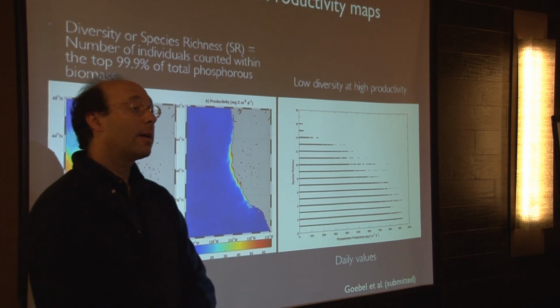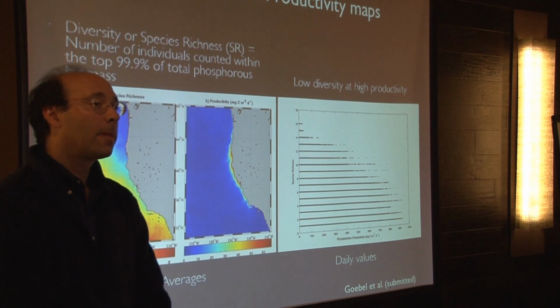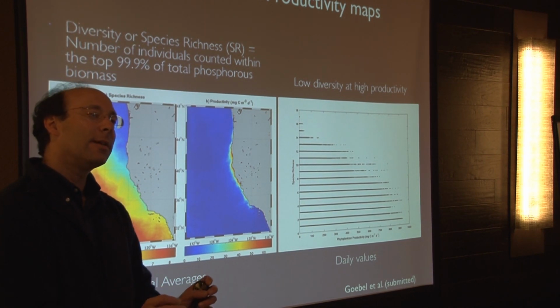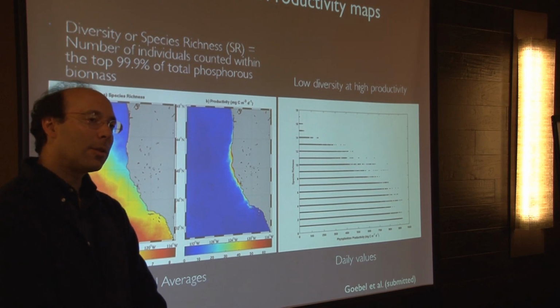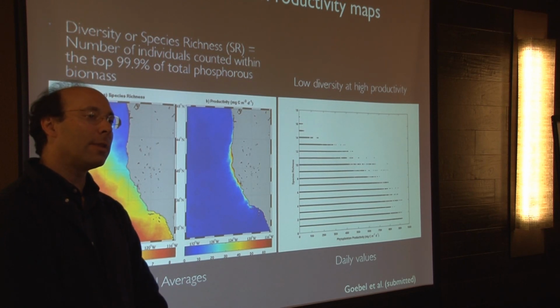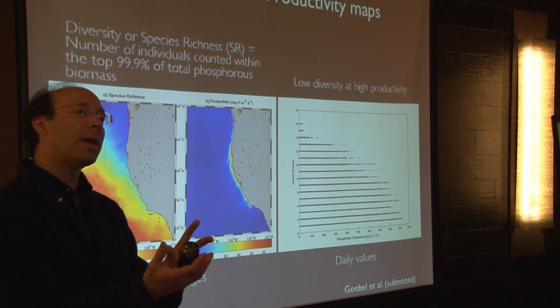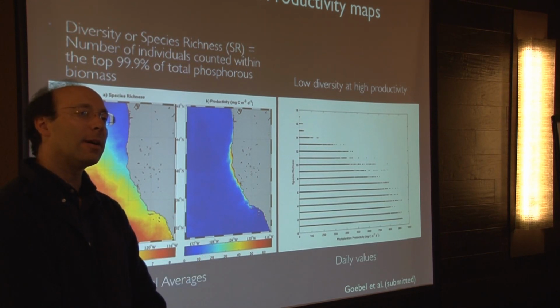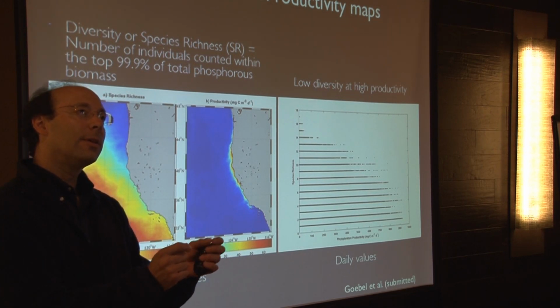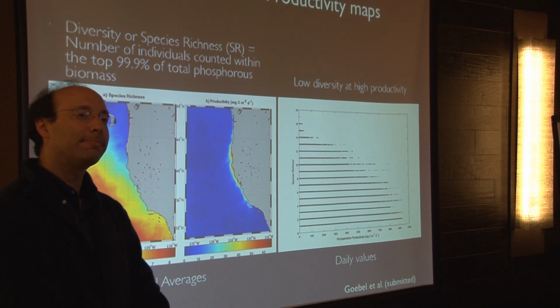I'm wondering if there is a well-known physical relationship between KZ and this straining field. Yeah, that's an interesting question. I don't know of one. But certainly this dispersion that takes place under high wind conditions, large mesoscale and submesoscale structure, will dilute these. So the point is that you may never get some critical mass of phytoplankton that could be grazed upon. So it's really this dilution effect. Agreed.